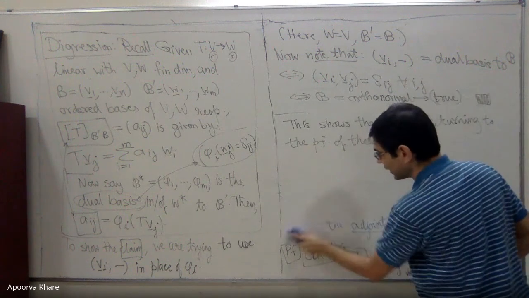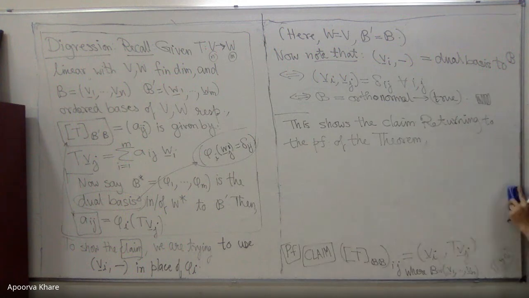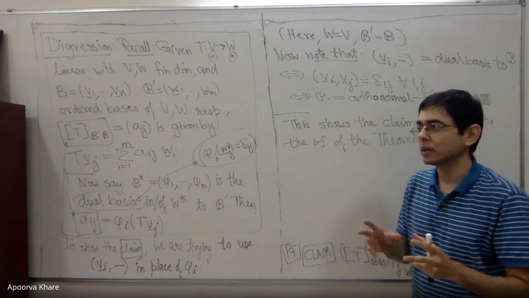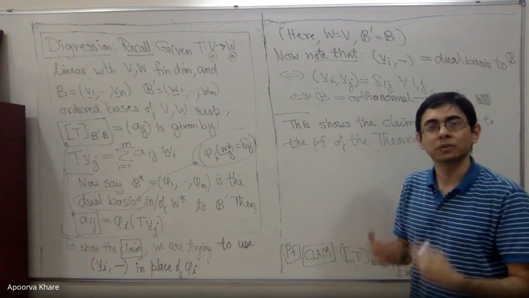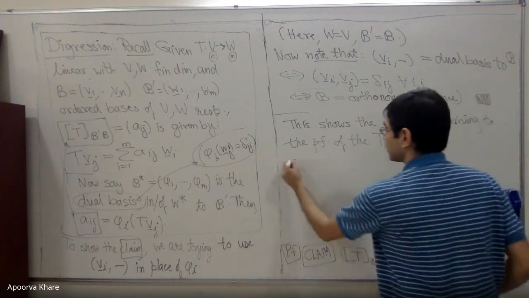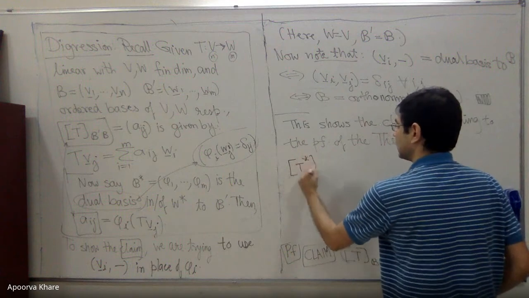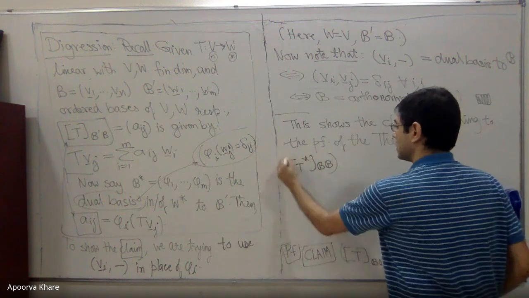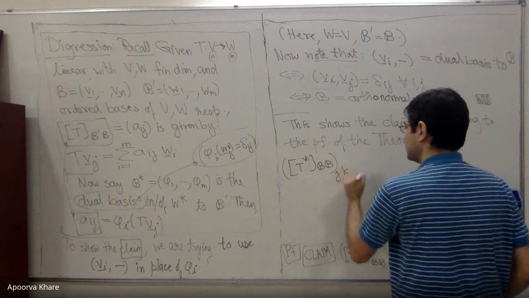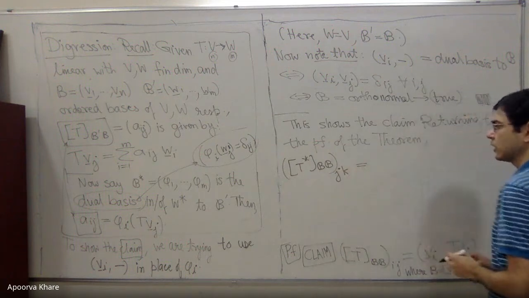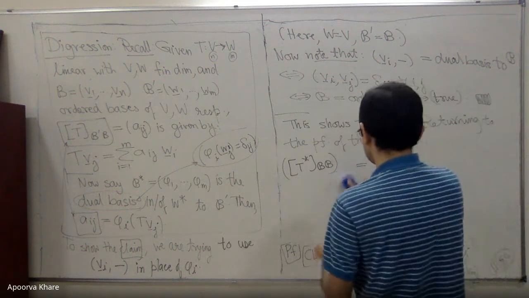So let's actually calculate. Now we just need to calculate the entries. So what was the claim? The claim was that the T star matrix is the adjoint, the conjugate transpose, of the T matrix. Let's start. T star, let's write down the ij-th entry.